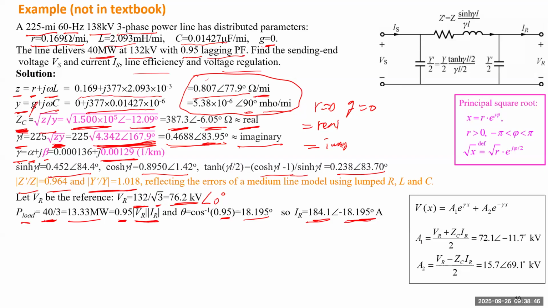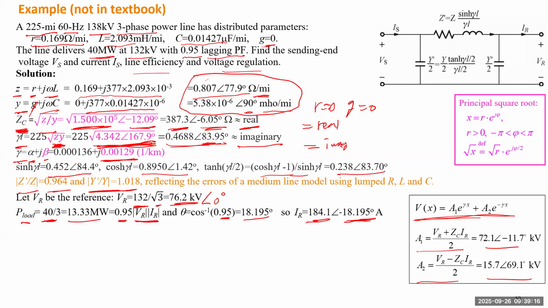So next, to calculate the voltage on the sending end, we go back to the accurate formula. We know A1 and A2 have been solved here. You can plug in the values of IR, VR, and ZC, and you will get A1 and A2 as two coefficients. Each one has a unit of kV. We will come back to this formula later, maybe next week, when we talk about wave propagation along the line.